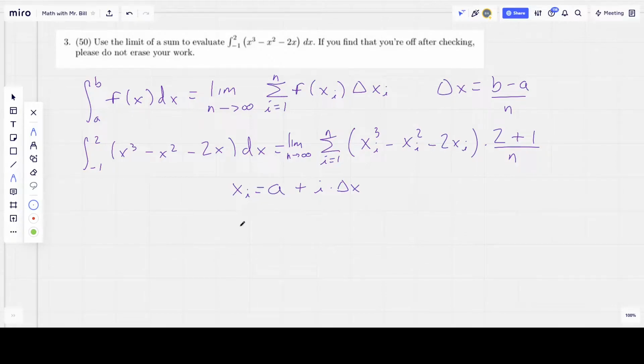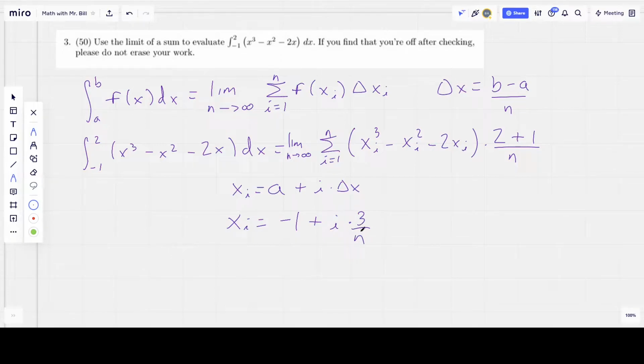But in this case, we're going to say that they're all the same distance from each other. So for our problem, each x sub i is going to be equal to -1 plus i times delta x, and our delta x was (2 plus 1) over n, or 3 over n.